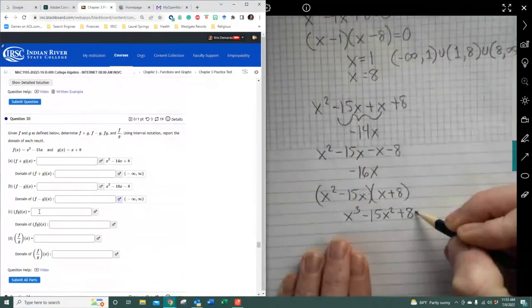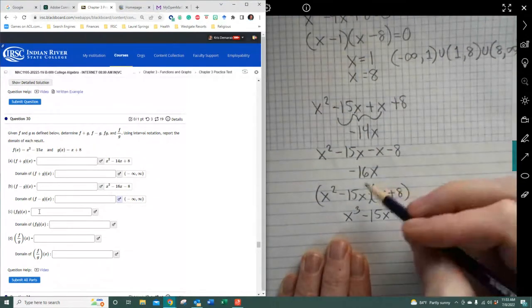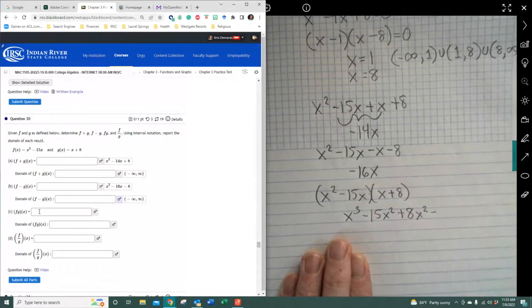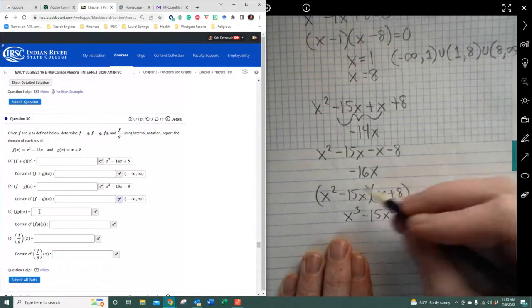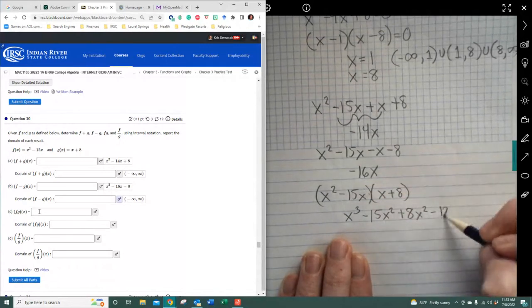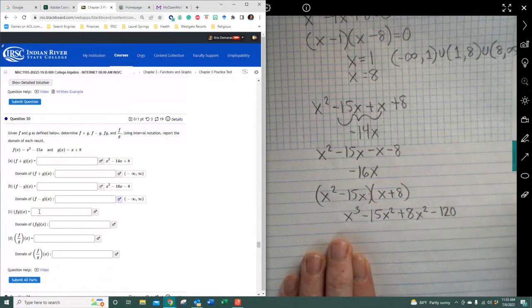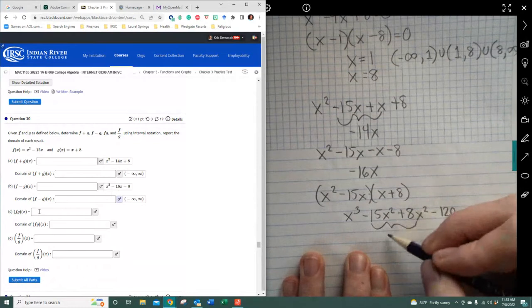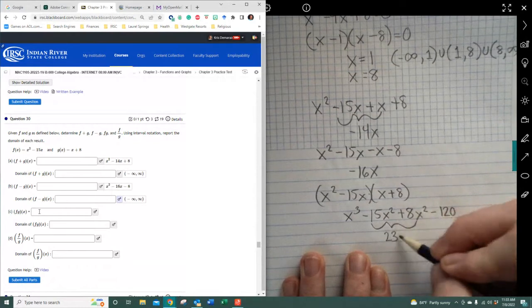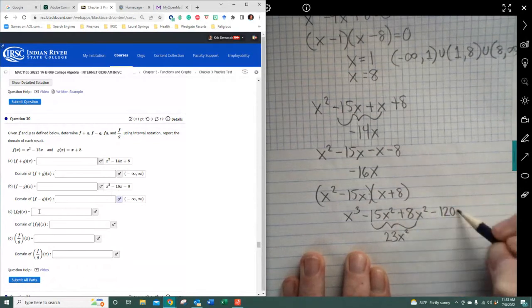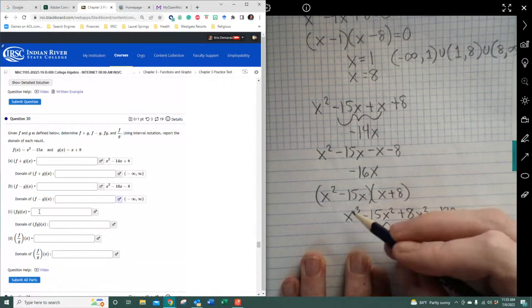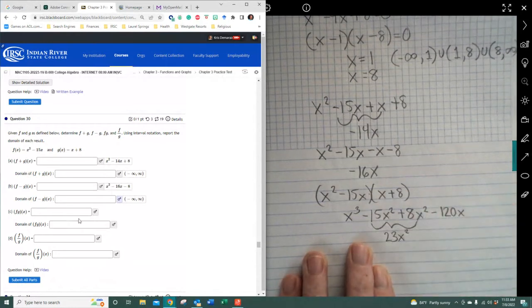I did this a little backwards, but it doesn't matter. We're bringing these together anyway. And then this is going to give us, I don't know what that is off the top of my head, 40, it's 40, and then that's 120. Yeah, I'll just put 120. I'm kind of guessing. Nah, I'm pretty confident in myself. 23 x squared, and by the way, there's an x here. Okay, and so we're going to go ahead and get x cubed.